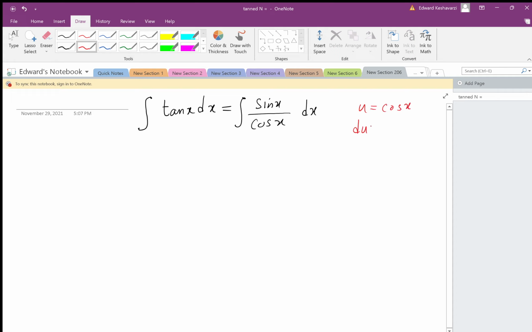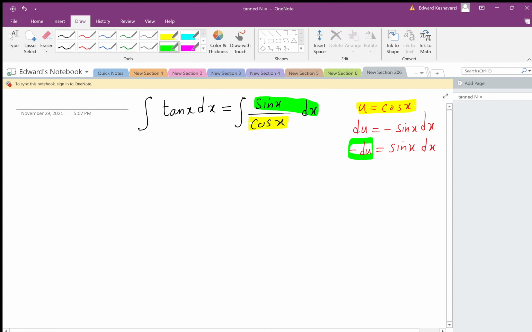Therefore, du equals negative sine x dx, or negative du equals sine x dx. So this one is exactly u.